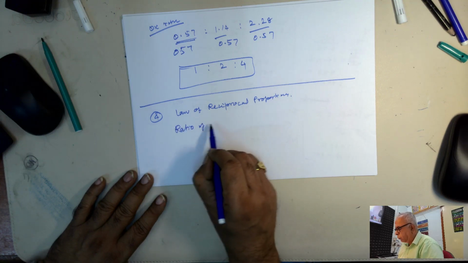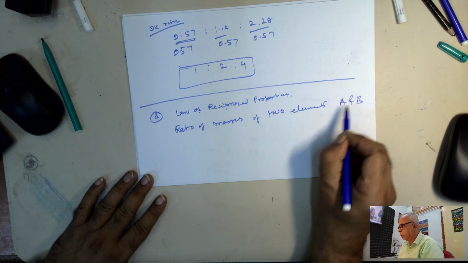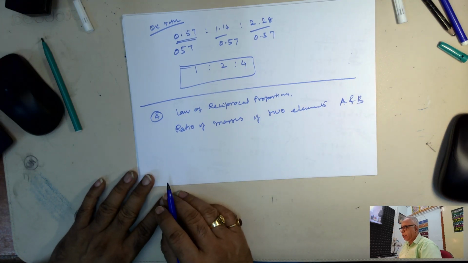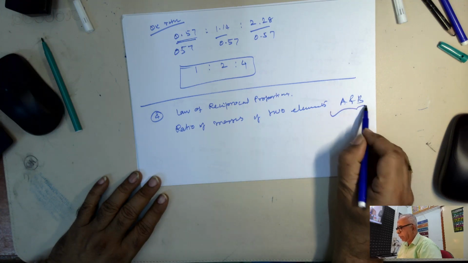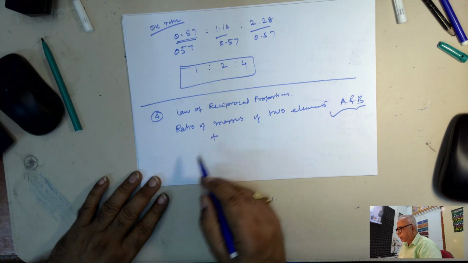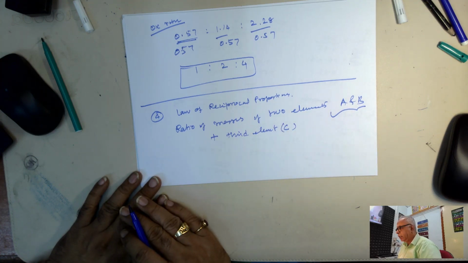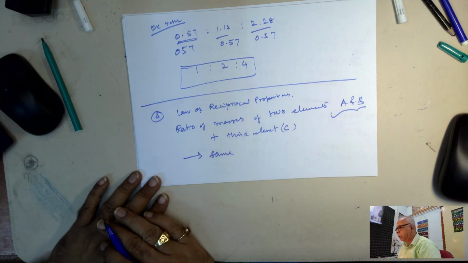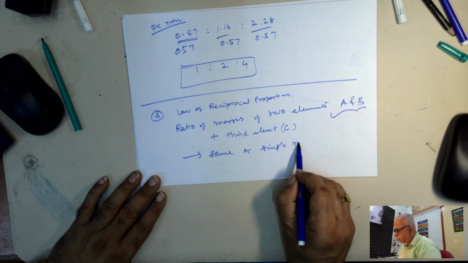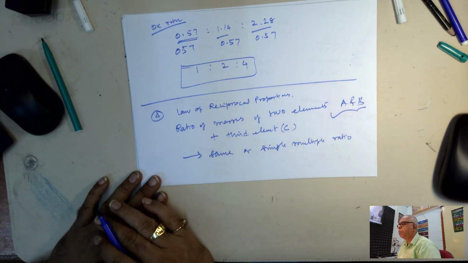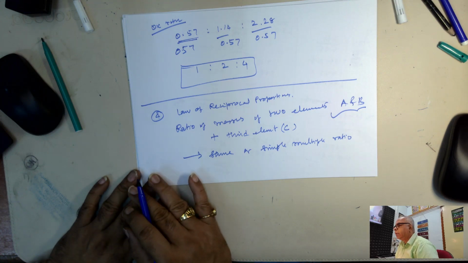Take the ratio of masses of two elements, A and B. Let us consider element A and element B. They combine separately with a fixed mass of the third element, C, either in the same or simple multiple ratio of masses in which A and B directly combine with each other.